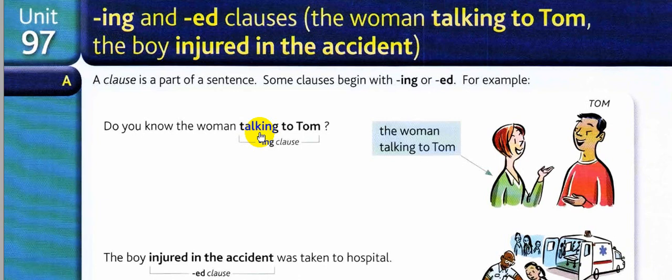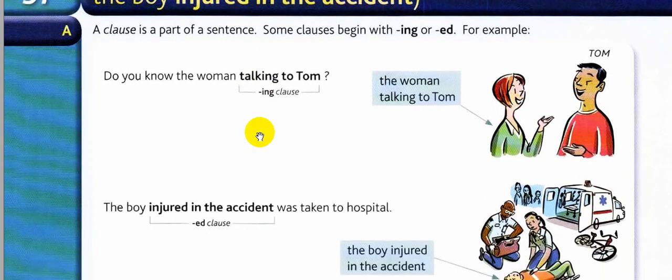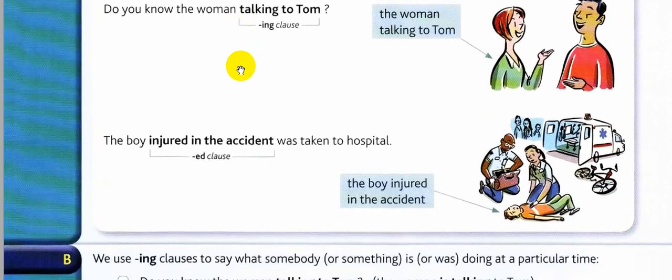No. Is it present continuous? No. Is it past continuous? No, it's not clear. You can't call it a verb here. Okay, it's verb with ing, but the tense is not clear. So as you can see here, what is deleting here? The deleting part is the relative pronoun who and the verb to be is.